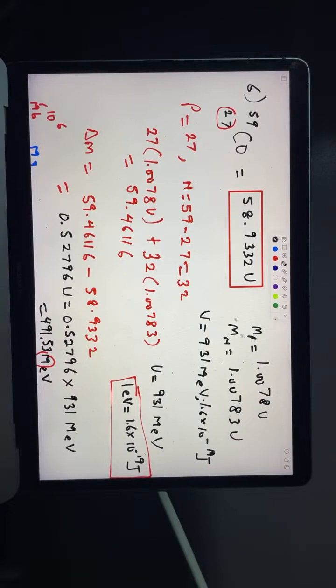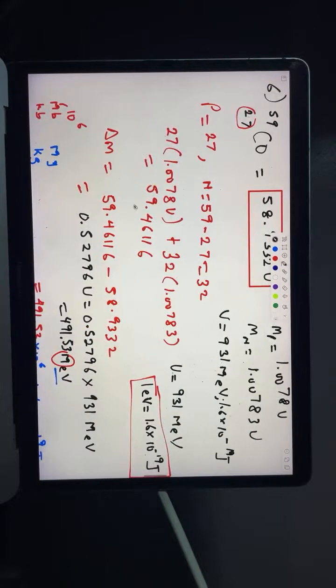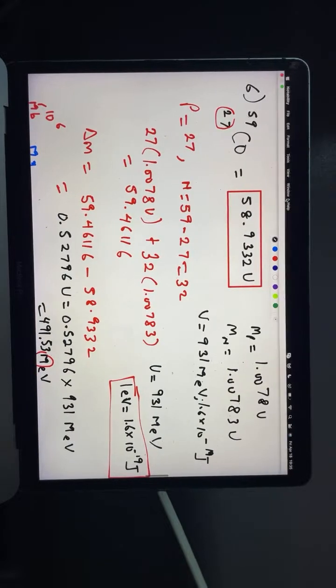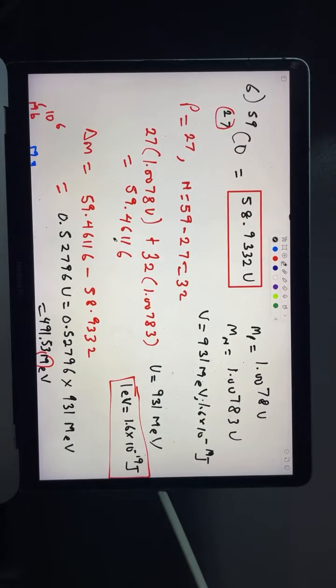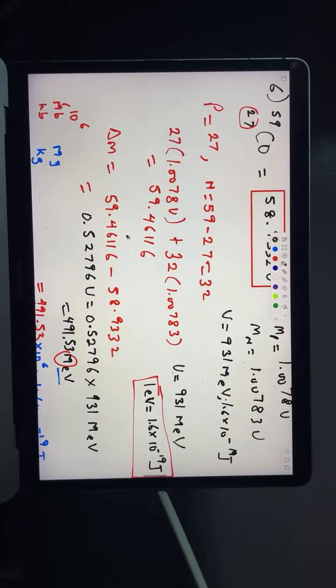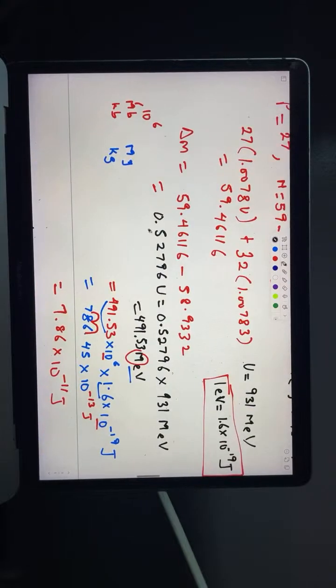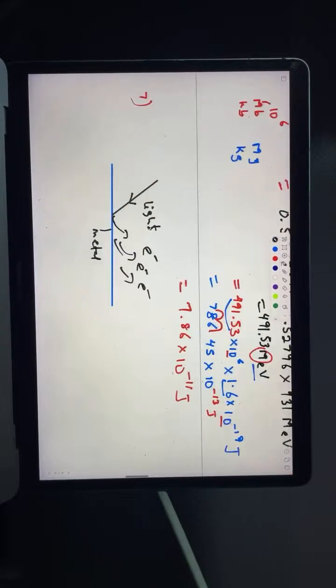Proton has this, you multiply it by 27. When you get the two together, you add them. That will give you the new mass of cobalt when the binding actually took place. When you get that, you got 59.46116. To get the change in mass, you subtract the previous from the final, the bigger one minus the smaller one. That's how I got my 0.52796. So please, let's pay attention.